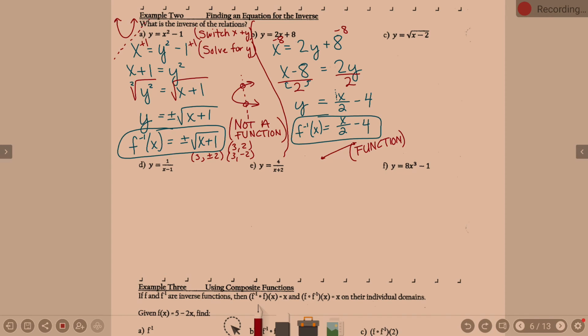Okay. Where am I at? But how would you draw, therefore, if this one's not a function? Well, this is kind of like the form of y equals mx plus b. I was just trying to get the shape of the graph. This would be a y-intercept of -4, and this would be a slope of 1/2.